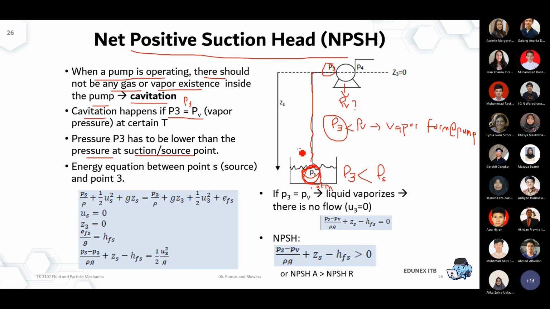There will be a pressure drop in the suction, so the pressure keeps decreasing until P3. The point here is P3 still has to be more than PV to prevent cavitation. It's a must.